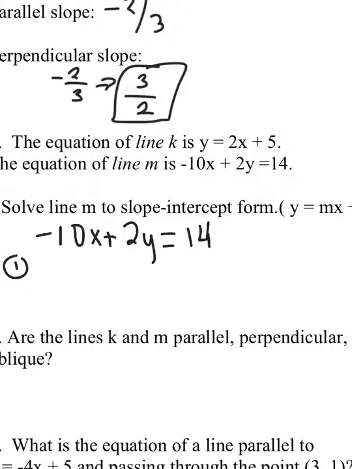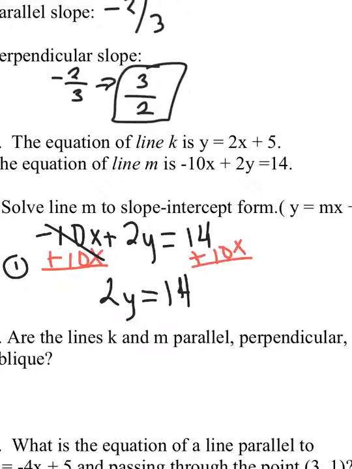Step 1, get the x over to the other side. Plus 10x. Obviously the 10x is going to cancel out there. On the left side, you're left with 2y. This does not become 24x. 14 is a number by itself. It stays there. Plus the 10x.